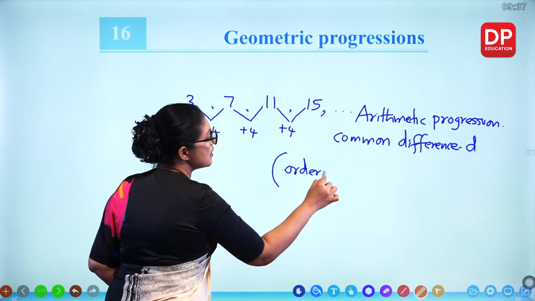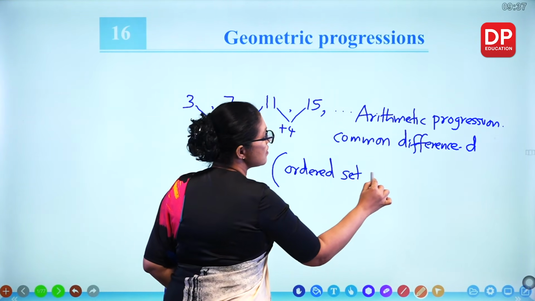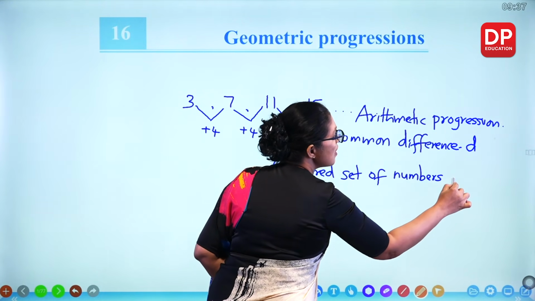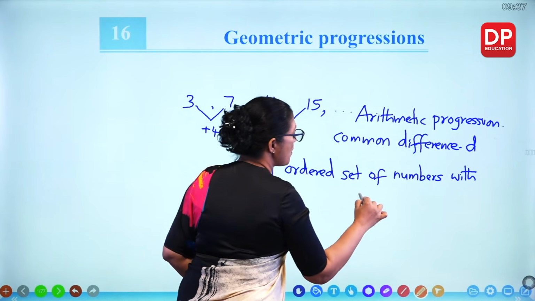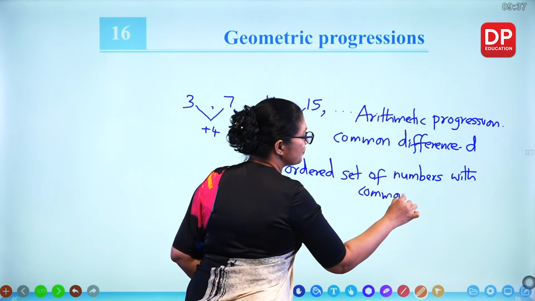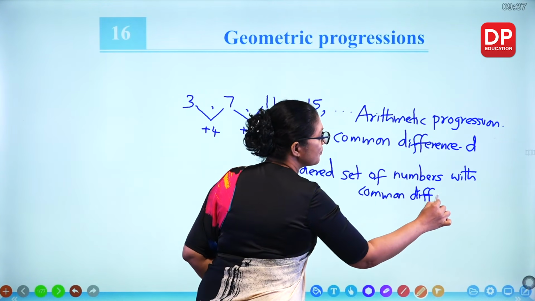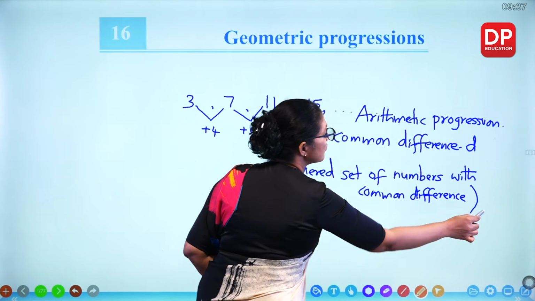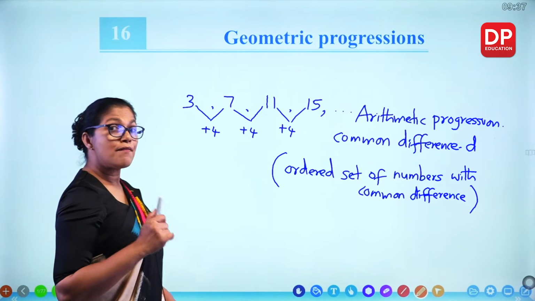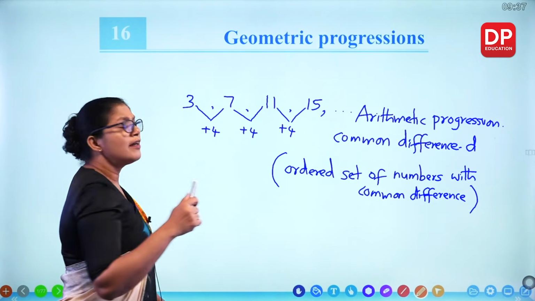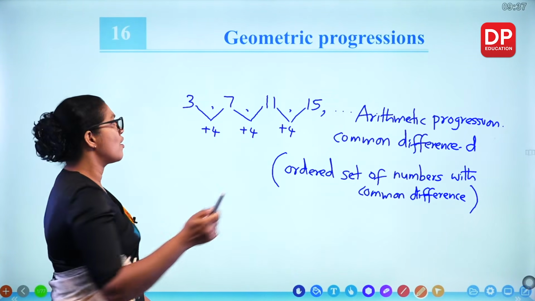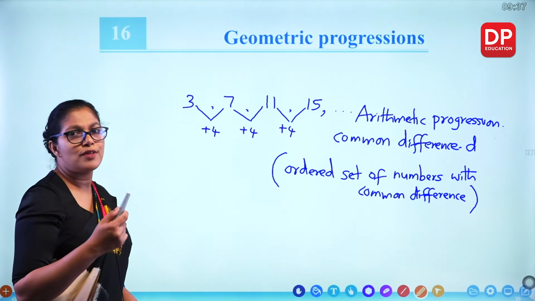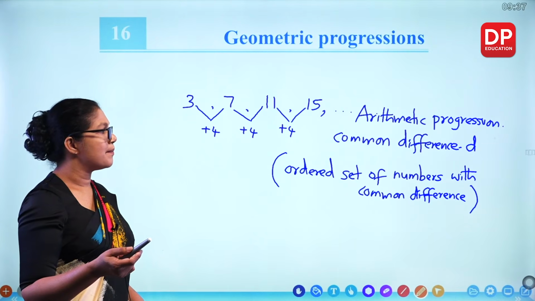An ordered set of numbers with a common difference. If I know any term here, you can find out the next term, because if this is an arithmetic progression, we can add 4 to that to find the next term.